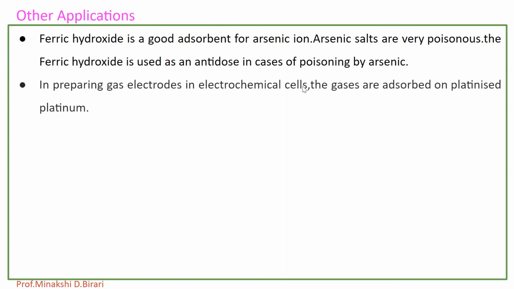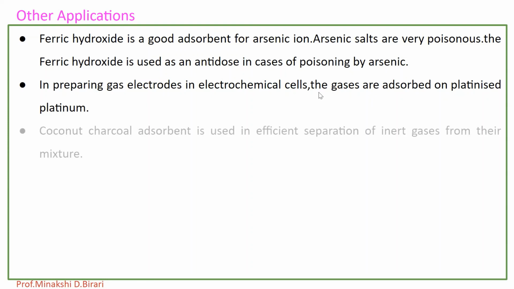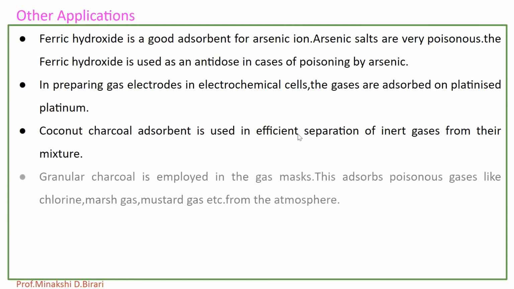In preparing gas electrodes in electrochemical cells, the gases are adsorbed on platinized platinum. Coconut charcoal adsorbent is used in efficient separation of inert gases from their mixture. Granular charcoal is employed in the gas mask. This adsorbs the poisonous gases like chlorine, marsh gas, mustard gas, etc. from the atmosphere.